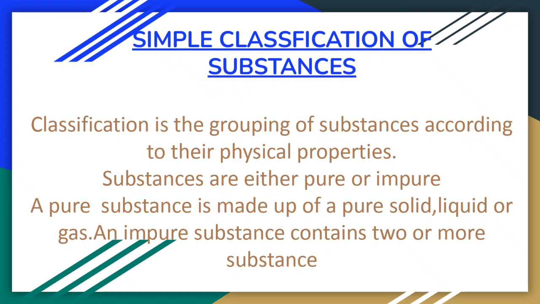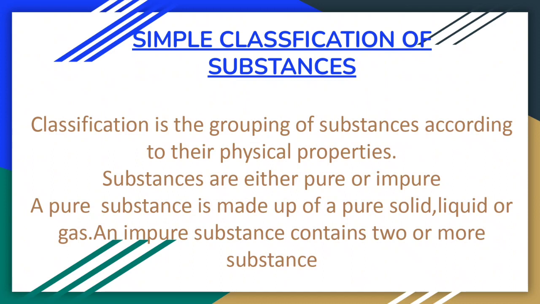Now, a very good example of a liquid is water. So when we talk about water which is not contaminated, then it is a pure substance. We also have ice as a solid, which is also a pure substance whenever it's not contaminated with anything else.